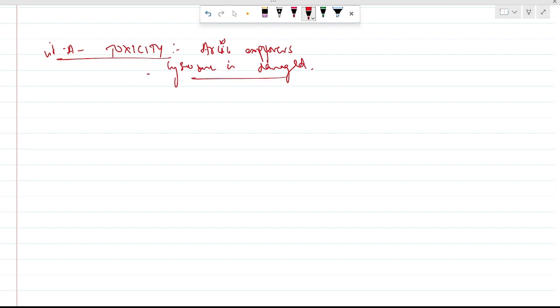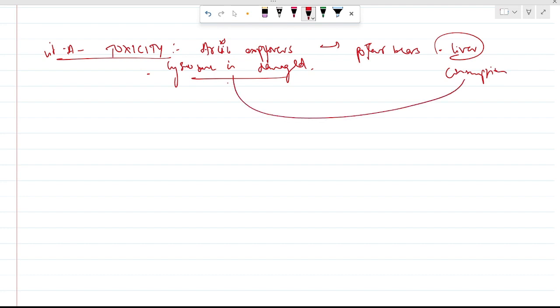These Arctic explorers often consume polar bears. There is no food in the Arctic, so they kill polar bears and consume the liver. Polar bear liver consumption leads to lysosomal damage. So this is vitamin A toxicity in Arctic explorers.